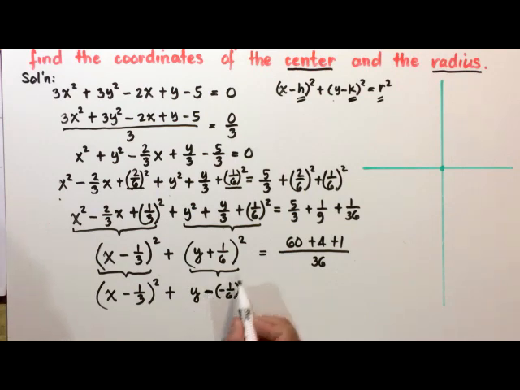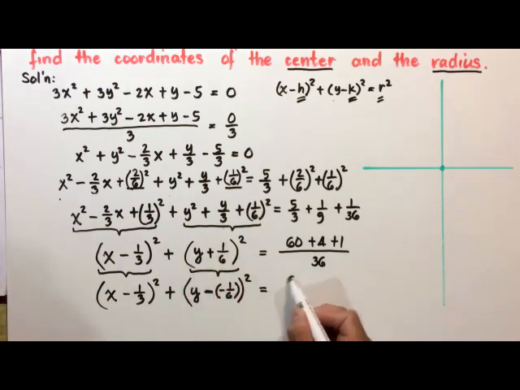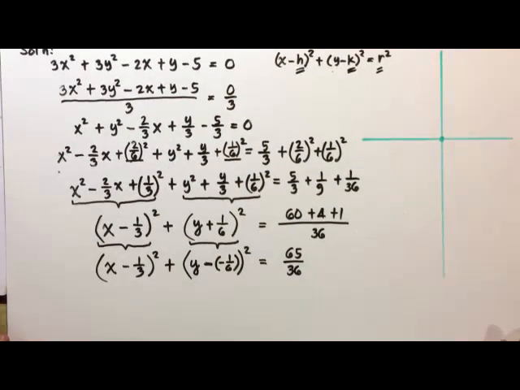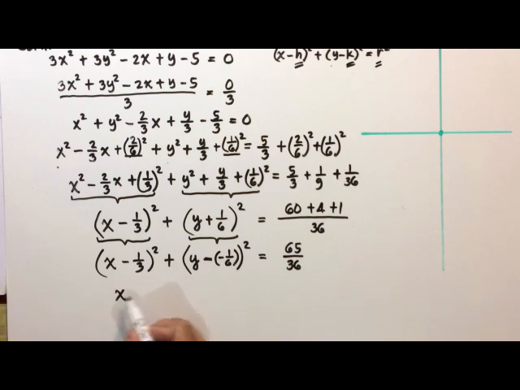So minus the negative 1/6 is the same as plus 1/6. So quantity squared, and you can check that this one is just equal to that. And this is 65/36.